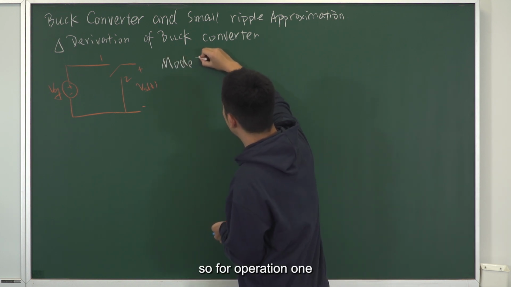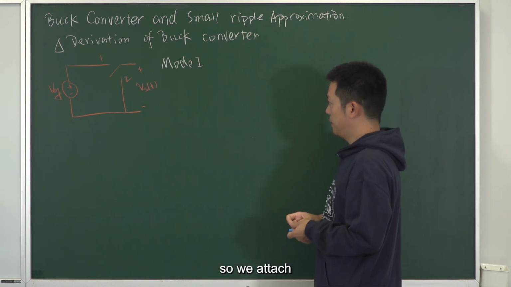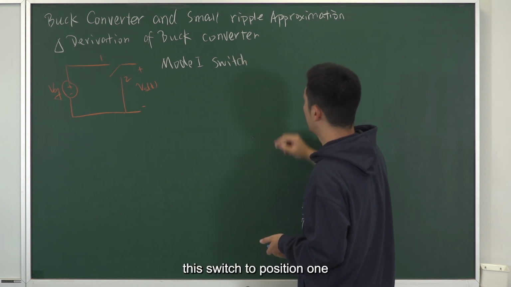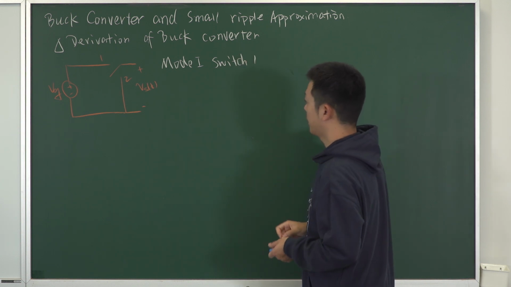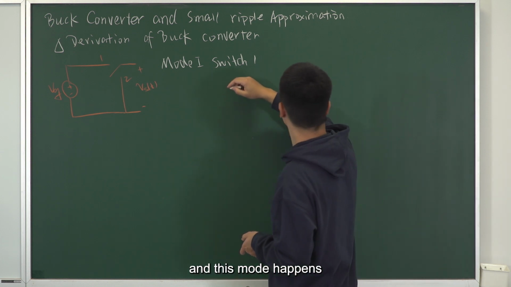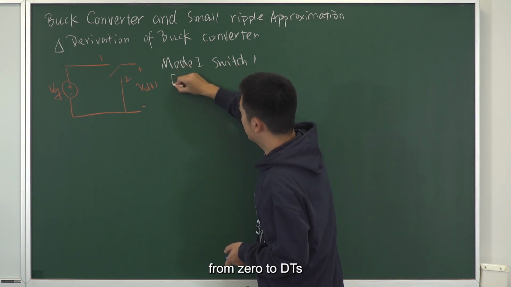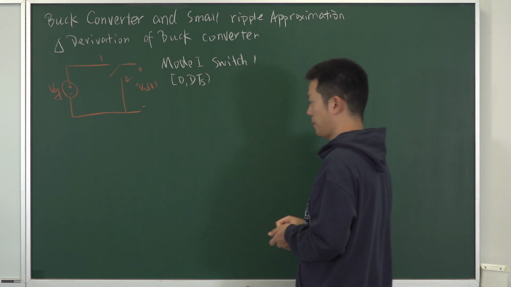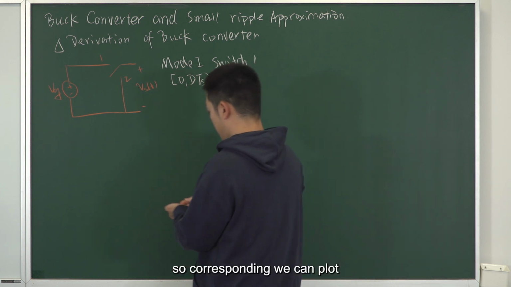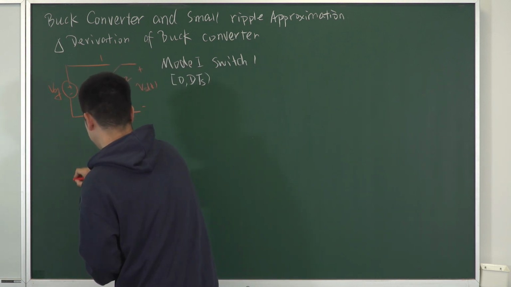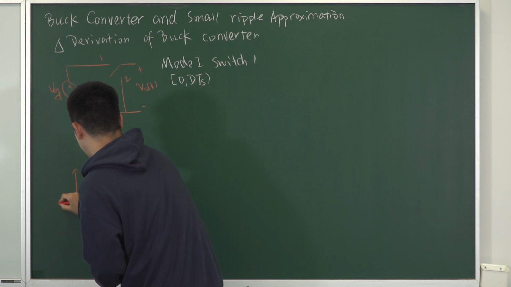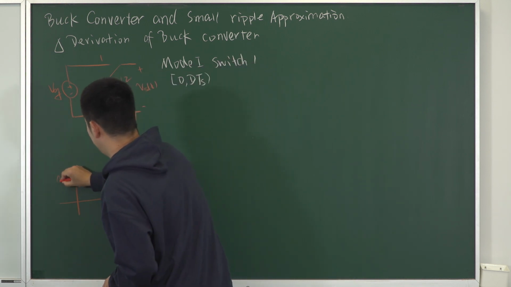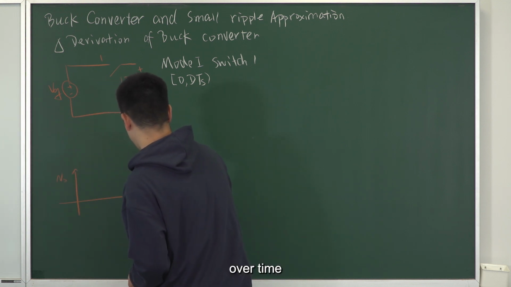For operation mode 1, we attach this switch to position 1. And this mode happens from 0 to DTs. Correspondingly, we can plot the voltage waveform for Vs over time.